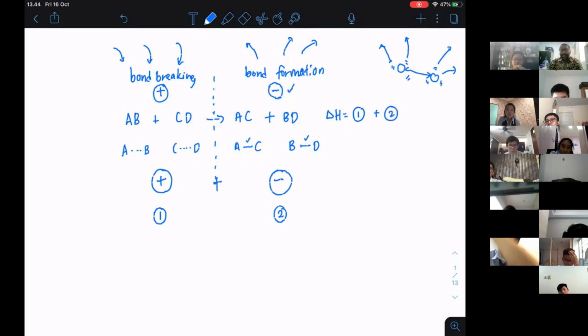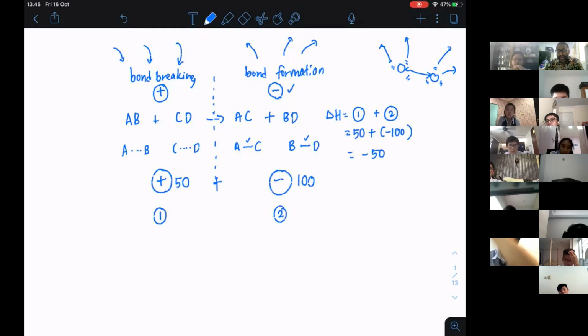So if you have positive 50 here and negative 100 here, I am going to do positive 50 plus negative 100, and I get negative 50. So overall, it's going to be exothermic.